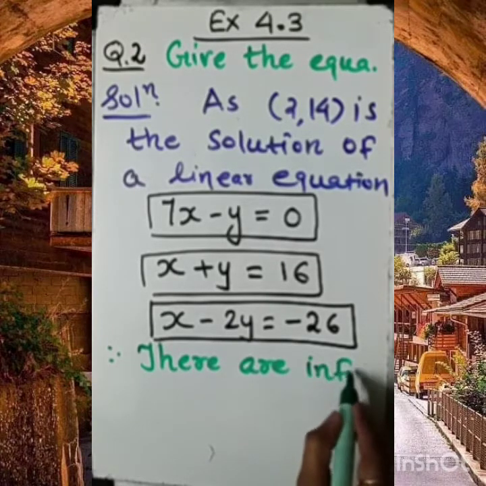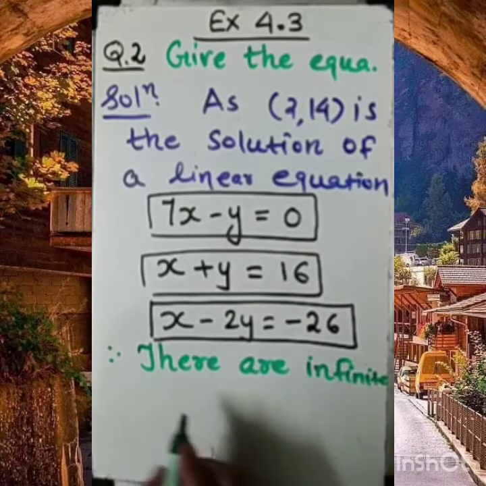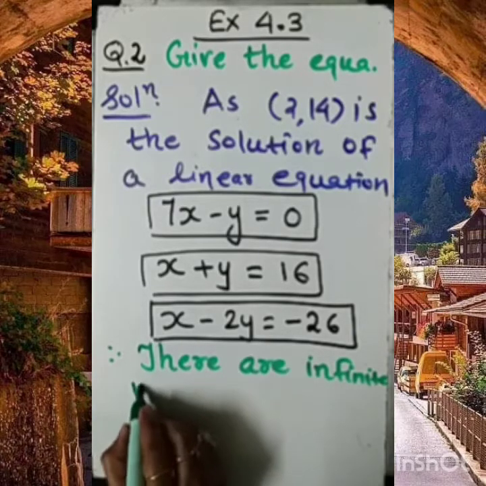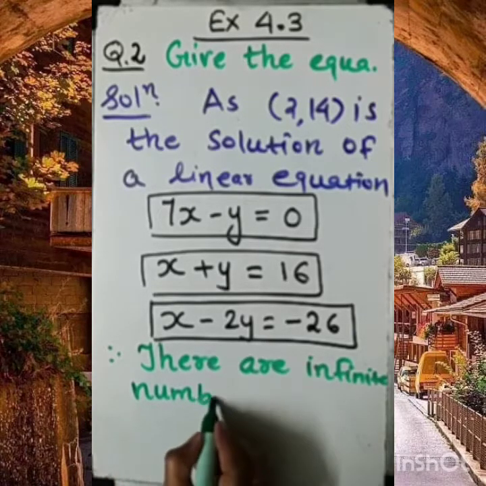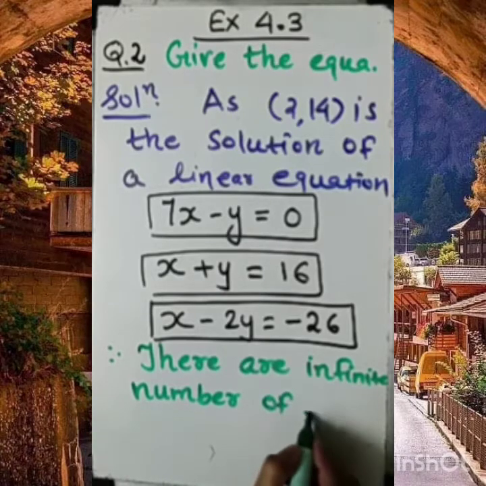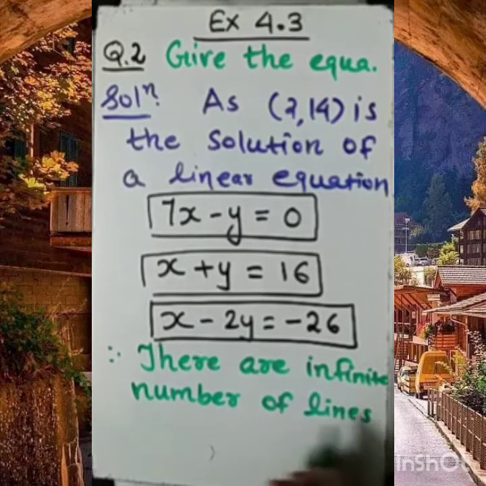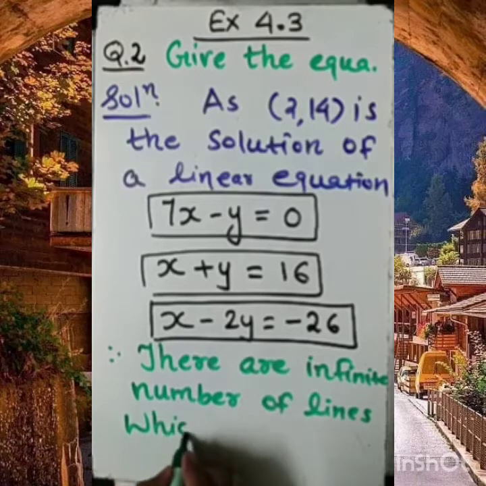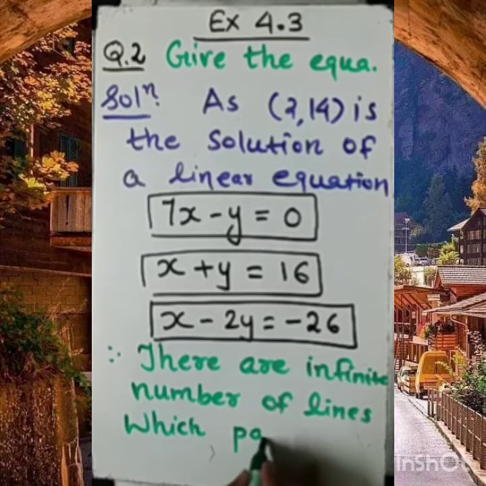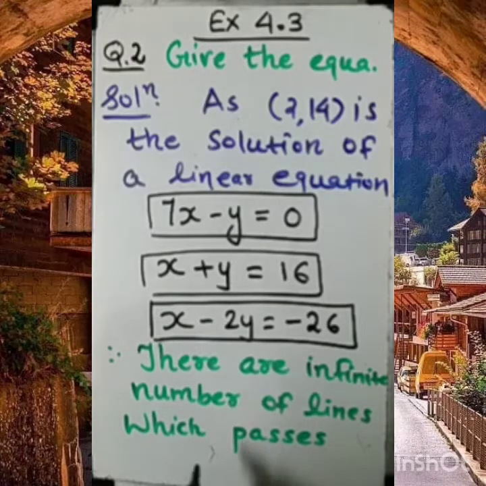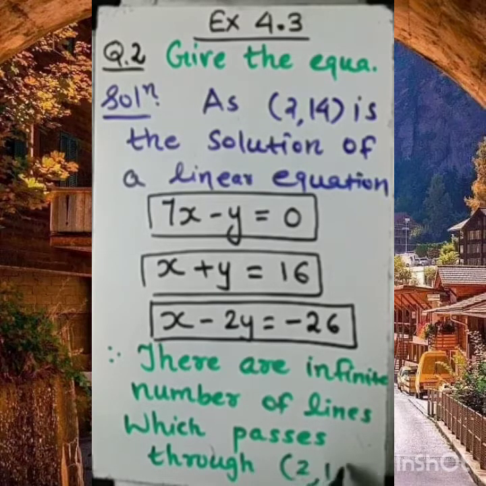There are infinite number of lines which pass through (2, 14). This is the complete solution.